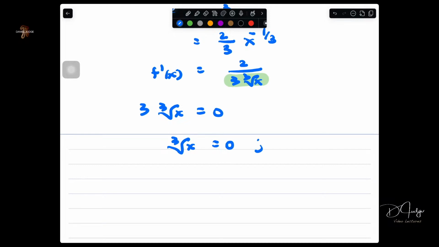Well, that means x can only be 0. Just solving that equation. See, the cube root of any number being 0 implies the number must be 0. And so this is where the function at x is 0 is not differentiable. So we're not differentiable at x is 0.